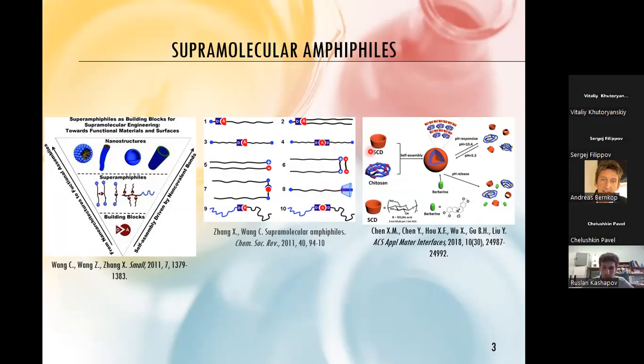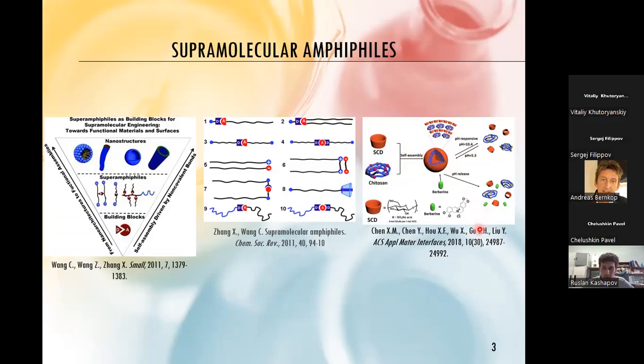For example, addition of non-amphiphilic cyclodextrin to chitosan led to formation of supra-amphiphiles in which the hydrophilic and hydrophobic parts are linked due to non-covalent interaction, and they spontaneously assemble into spherical nanoparticles.